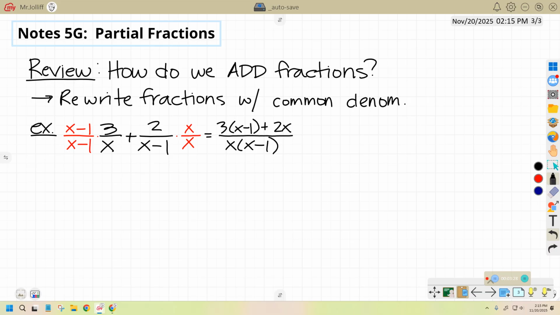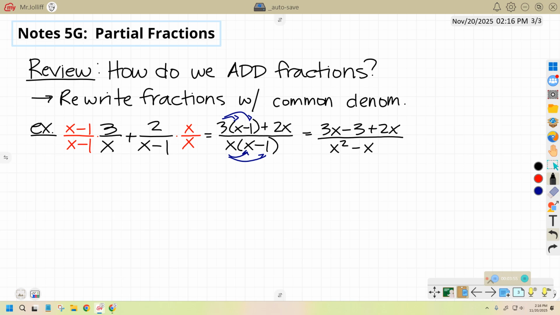What should I do to get rid of those parentheses? Distribute. Very good. Nice use of math vocab. 3 goes through this parentheses, x goes through that parentheses. So 3x minus 3 plus 2x over x squared minus x.